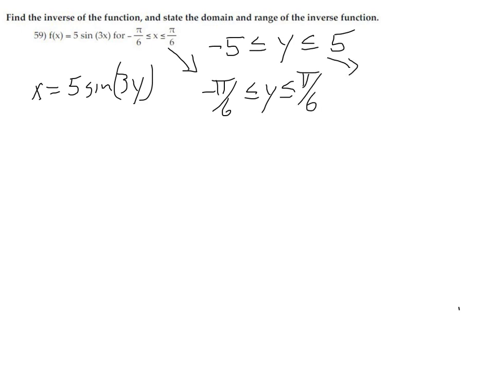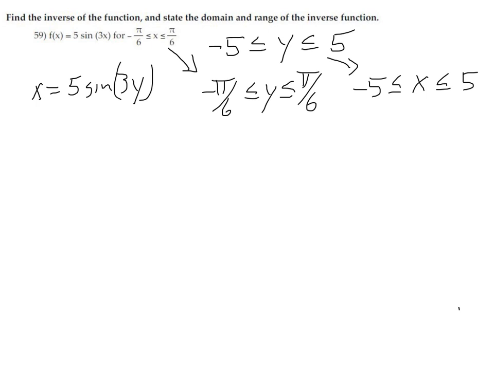And your old range, switching x and y, is now your new domain. So we already have our range and domain for the new inverse function, although we haven't found the inverse function yet. We have the old domain and range, so that switches to the new range and domain.